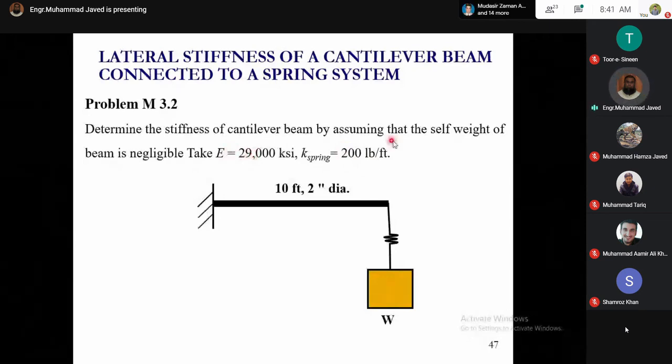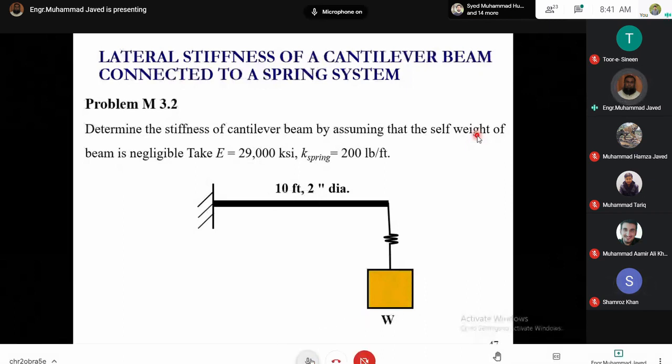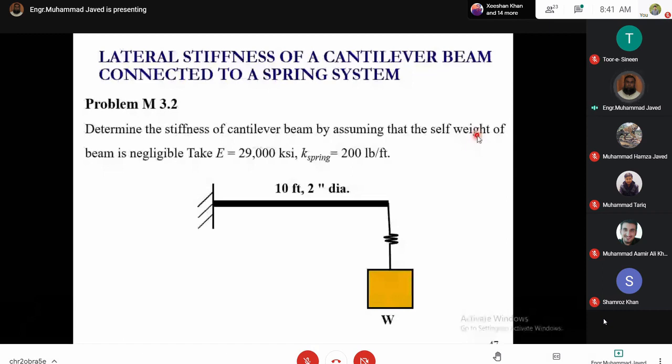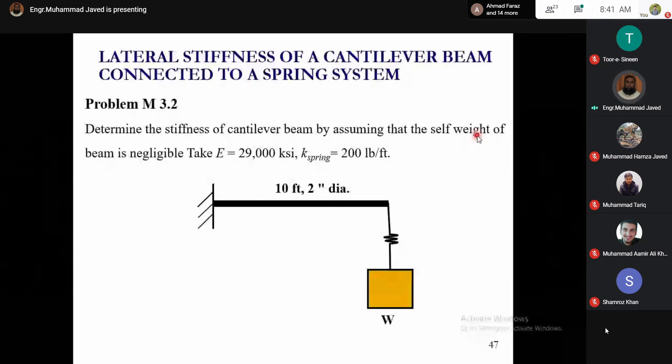Ignore the self weight of the beam and calculate the stiffness of this structural system. So first step again is to decide whether this is an example of springs connected in series or parallel. Since this is an example of springs connected in series, we will use the equation which was derived for calculating the equivalent stiffness of the springs connected in series.